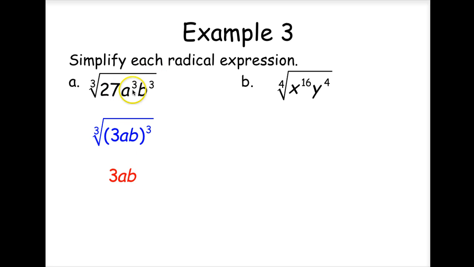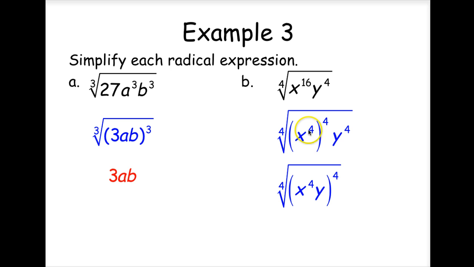So if you try to break this out into whatever our index is, then we know what we can pull out from under the radical. Looking at this one, we have an index of 4, so we can rewrite our x as x to the 4th, and y is to the 4th. So now we've got our 4's as exponents.